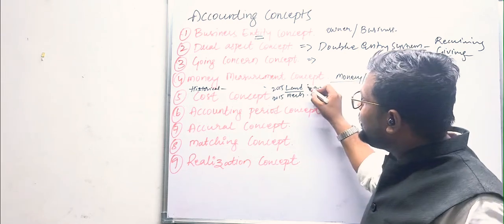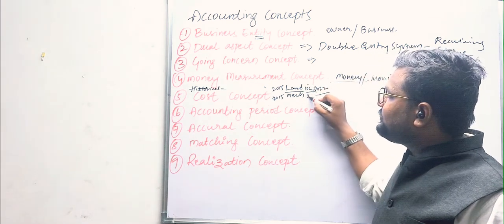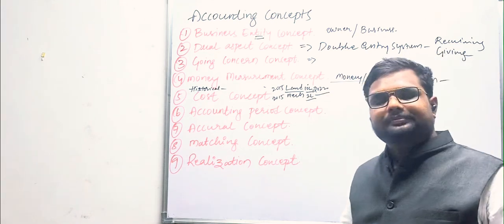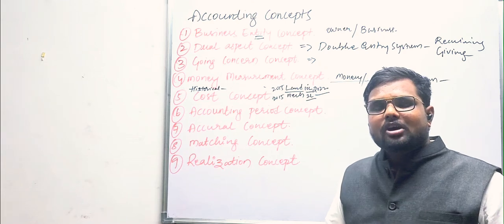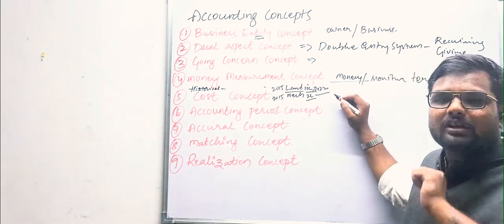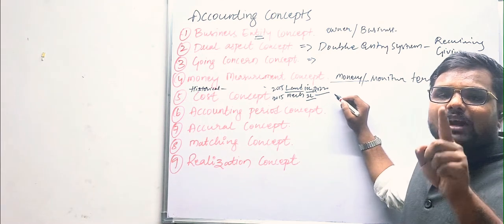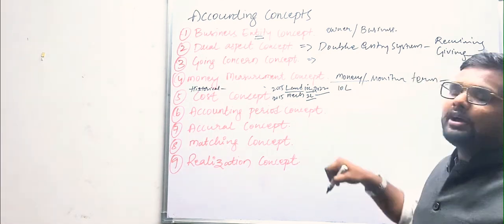Let us suppose land was purchased for 10 lakhs, machine was purchased for 2 lakhs. What do we need to record now? In 2022, we follow the historical cost concept only. Whatever price you purchased at, the same price we will write today also.